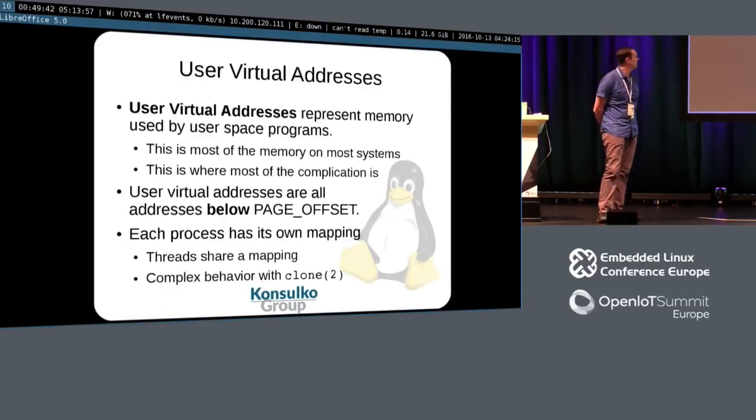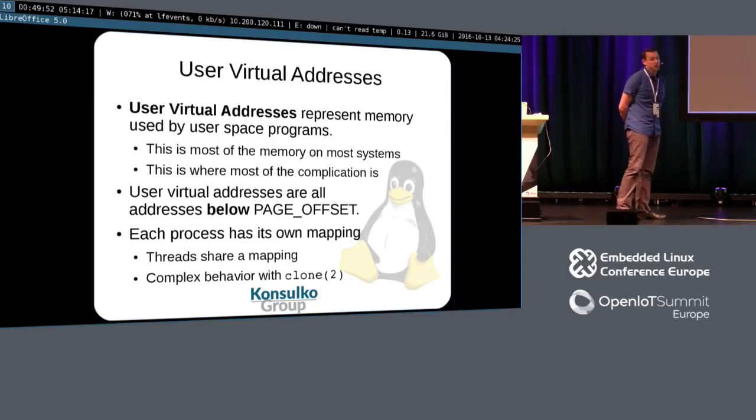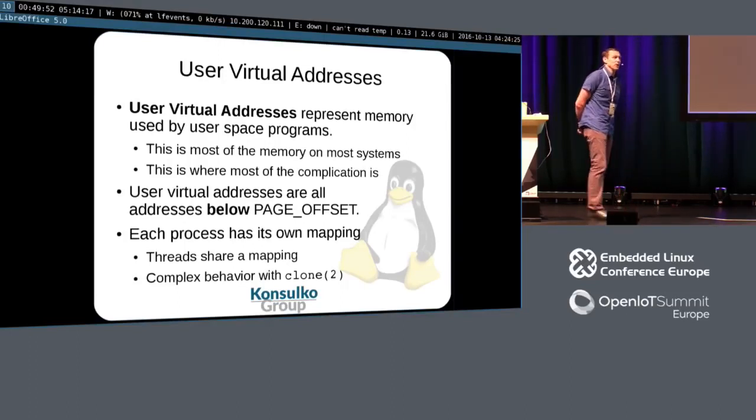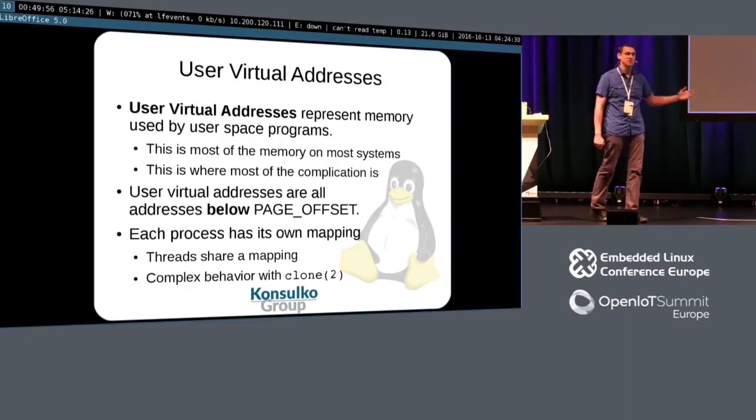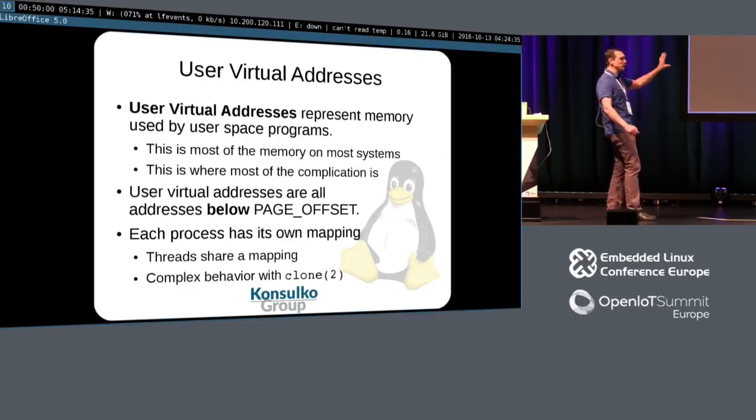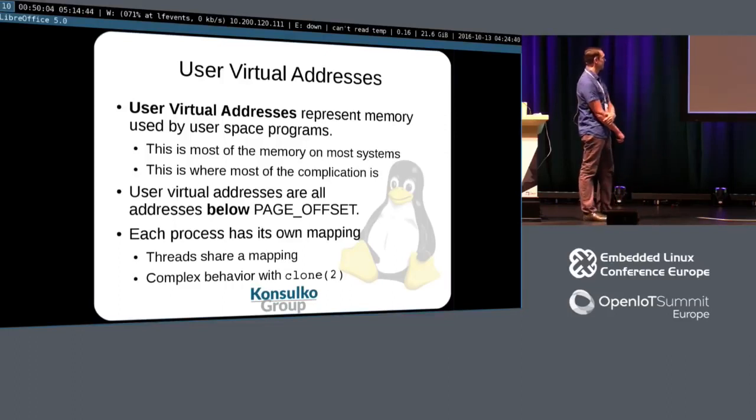All right, so let's jump into the meat of user virtual addresses, because this is where it gets more complicated. Our user virtual addresses are what our applications or processes are mapped into. They're all below page offset, if you remember that memory map we saw below the 3 gig mark in our modeled 32-bit system.